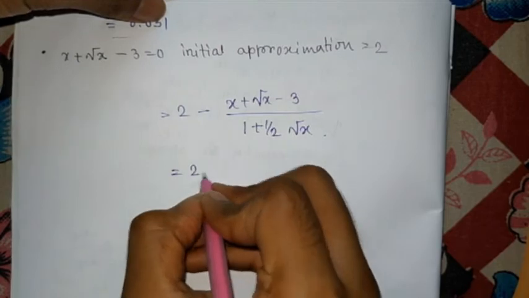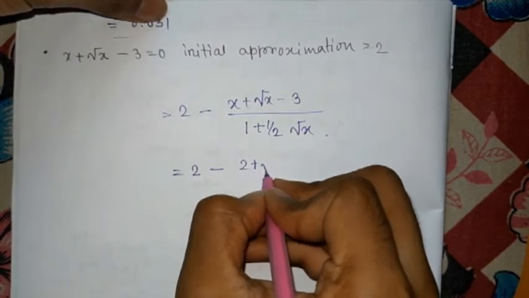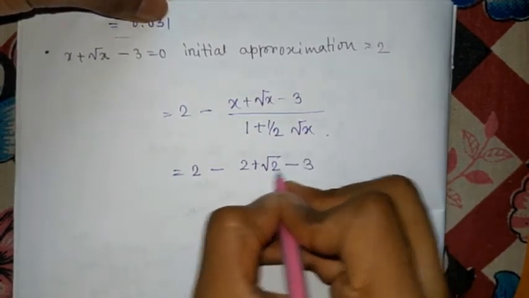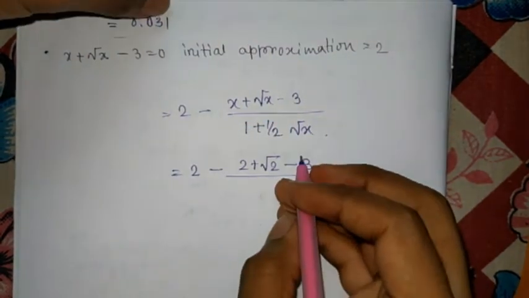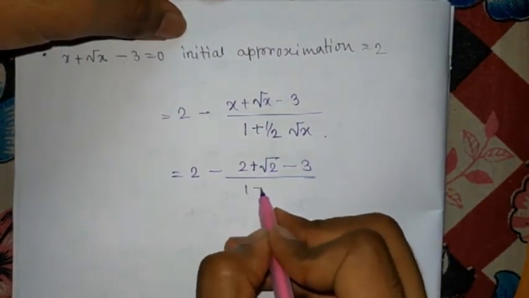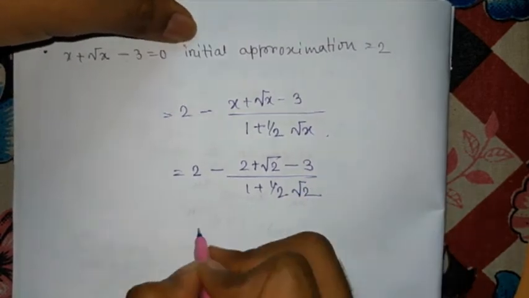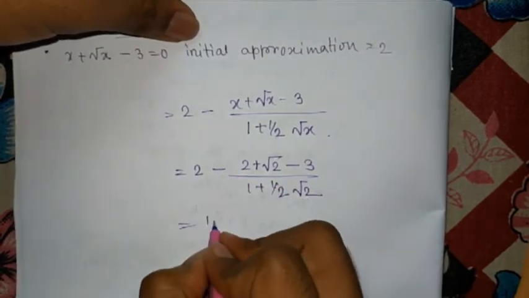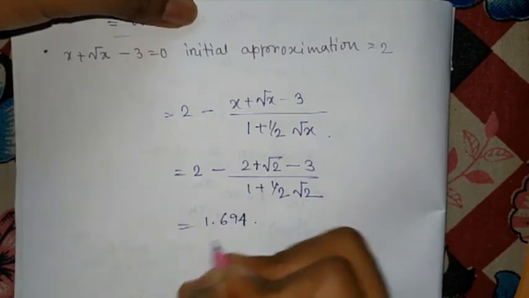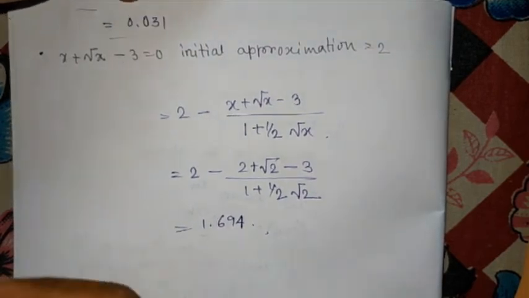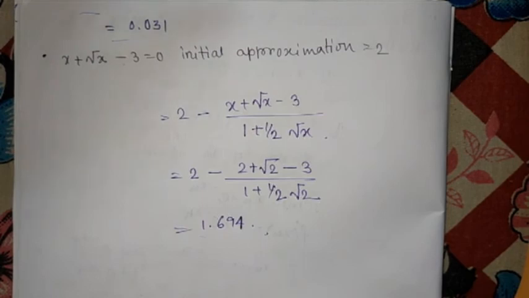So we get 2 minus (2 plus root 2 minus 3) divided by (1 plus 1/(2 root 2)), putting the value of x. Solving this, we get 1.694. So this is the answer, 1.694.